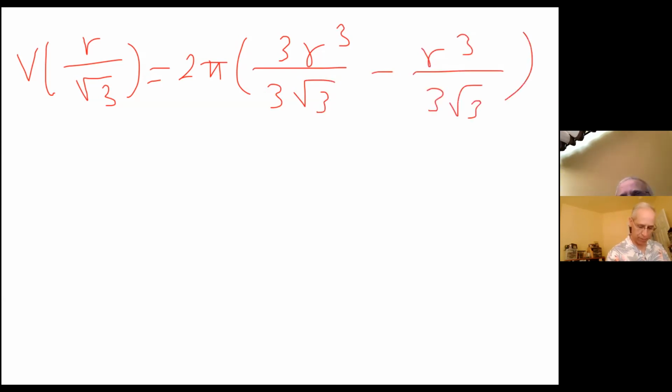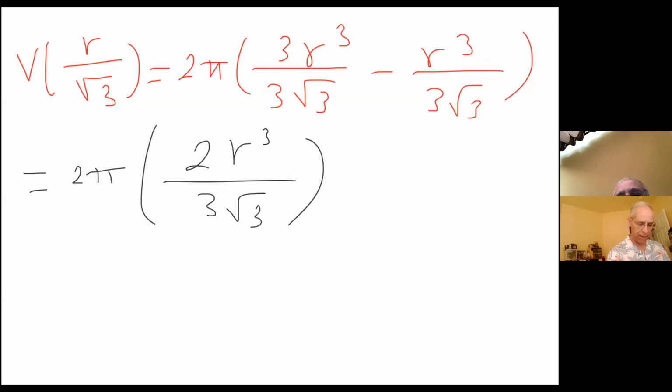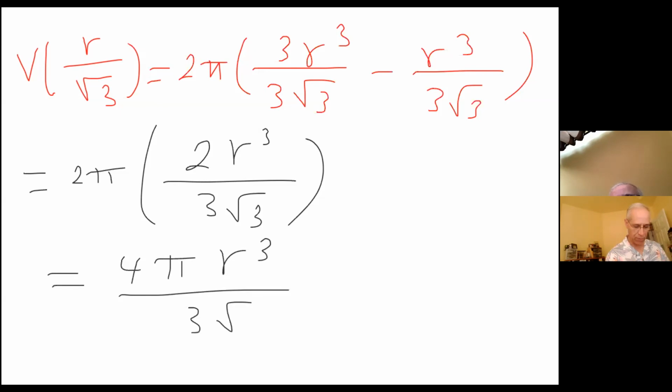And that equals, here's my 2 pi, that gives me 2 r cubed over 3 root 3. And if I do one more simplification, 2 times 2 gives me 4. Here's my pi, here's my r cubed over 3 root 3.